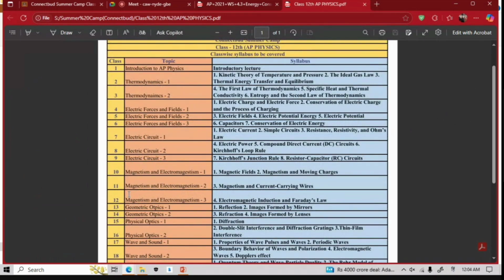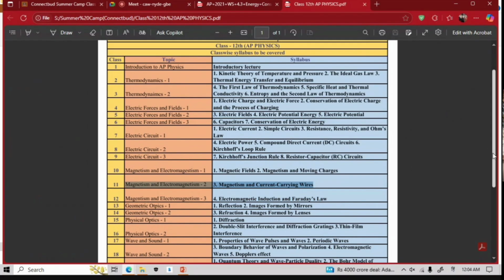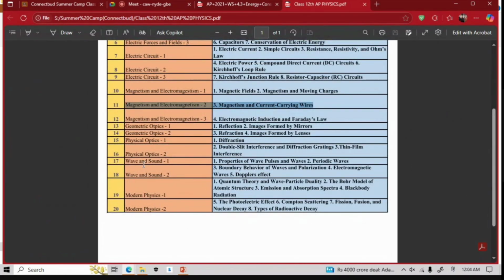We are here exactly right now, completing magnetism and electromagnetism. After that we'll be left with geometric optics, physical optics, wave and sound, and modern physics. So there are four more units, but we can cover them in hardly 8 lectures.